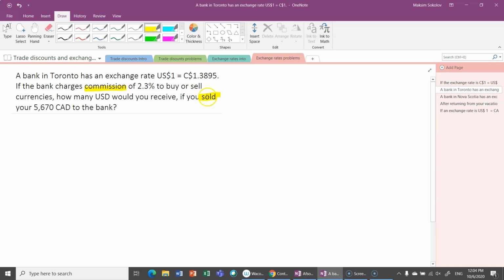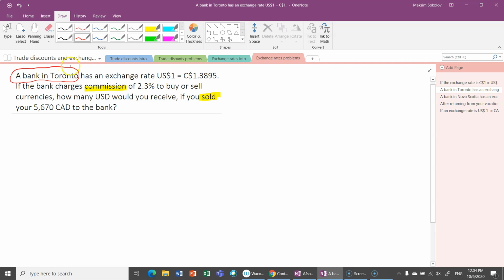But even though we say that you sold this money to the bank, what you really need to identify right now are several things. First thing is, where is the bank? Because that will be very important for this problem. And why it is important, I will also highlight in other examples. So a bank in Toronto, so the bank is in Toronto.